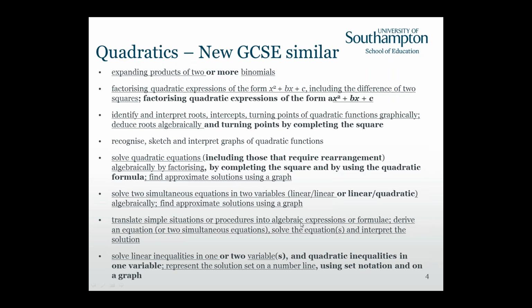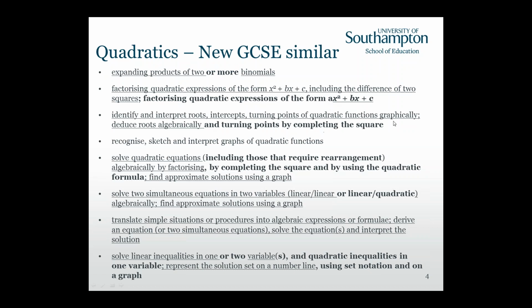Now, sorry, this is me then comparing the new GCSE to that. So they have to expand products of 2 or more binomials. Well, it seems unlikely that they're going to get them to do 3 brackets, but even so, it would just be the same process. Factorising, including ones that have a number in the front, which they find very tricky.